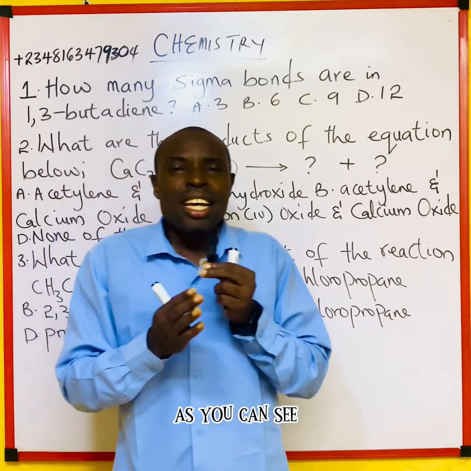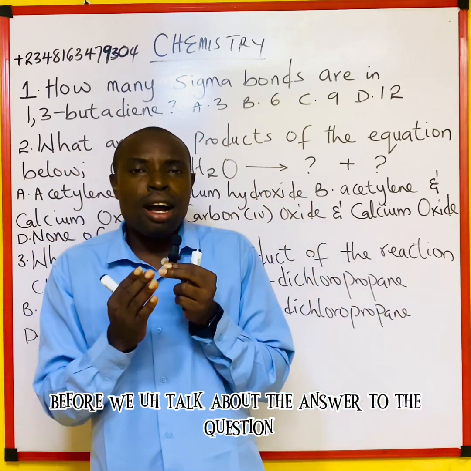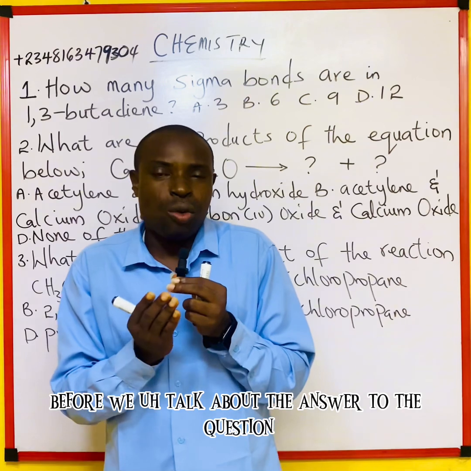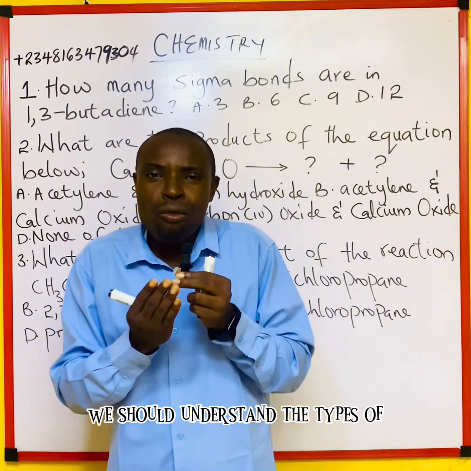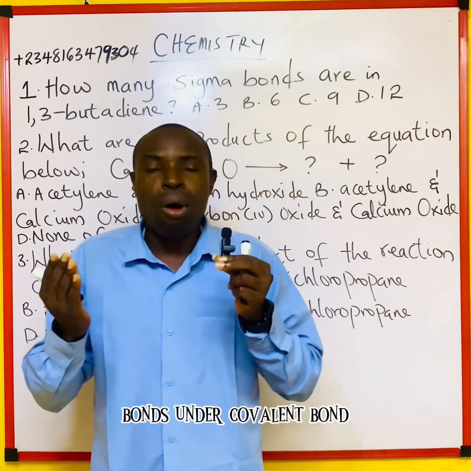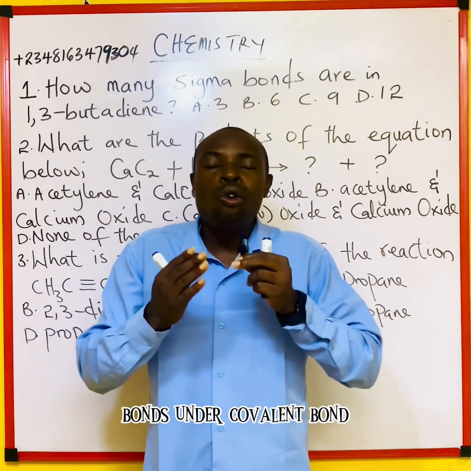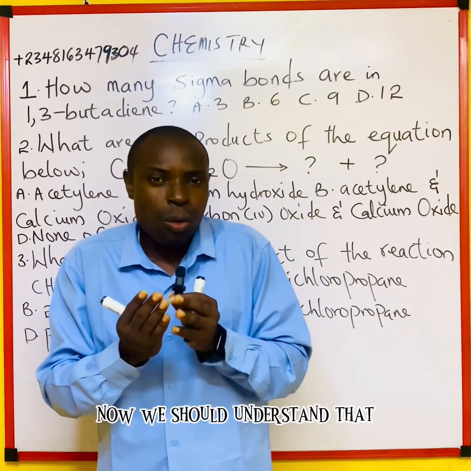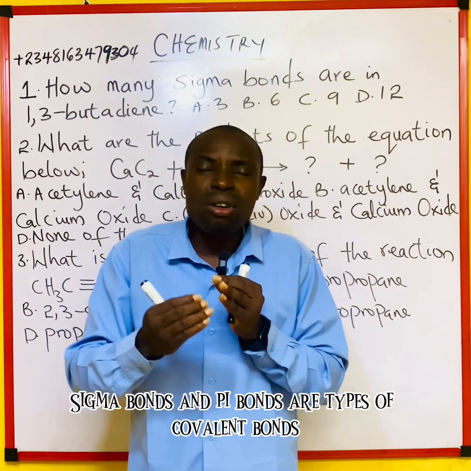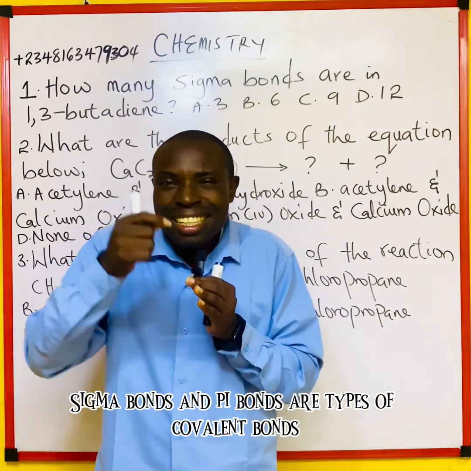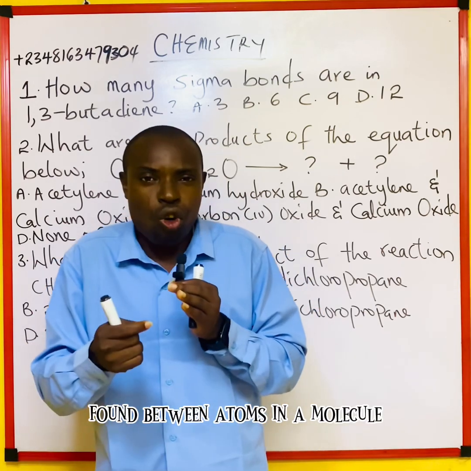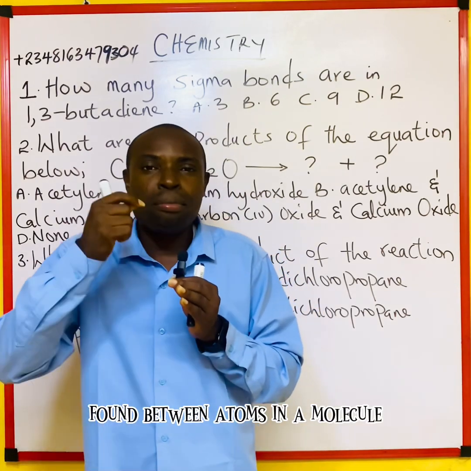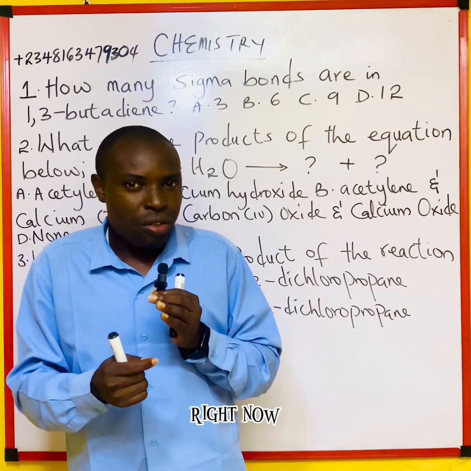Before we talk about the answer, we should understand the types of bonds under covalent bond. Sigma bonds and pi bonds are types of covalent bonds found between atoms in a molecule, right?